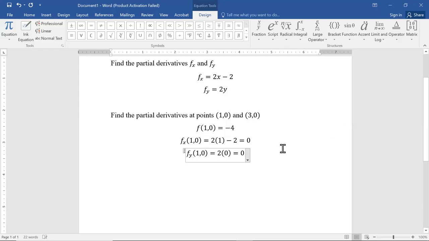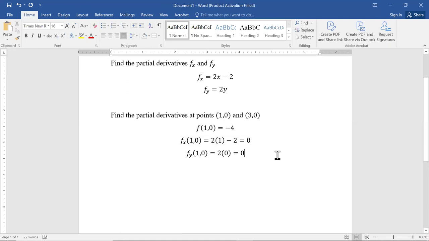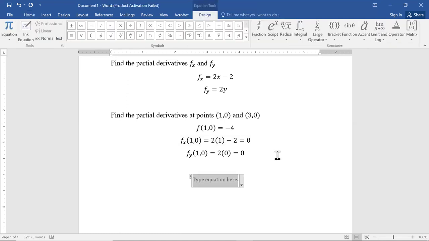So at the point (1, 0), my f sub x is 0. My f sub y is 0. That means the slope of the tangent line is 0 in the x direction at that point, and the slope of the tangent line is 0 in the y direction at that point. We'll view that in a second.